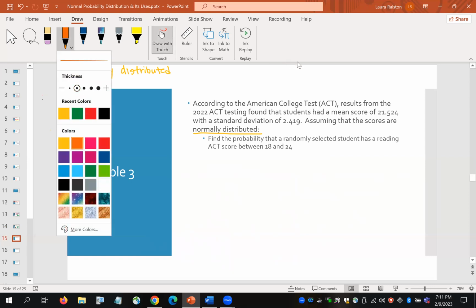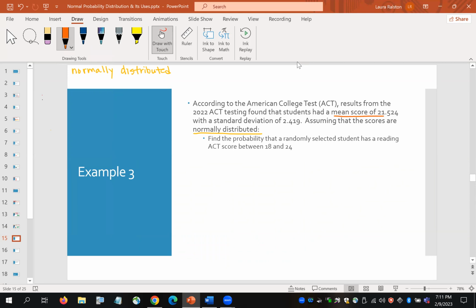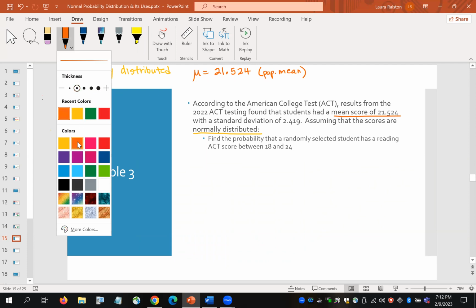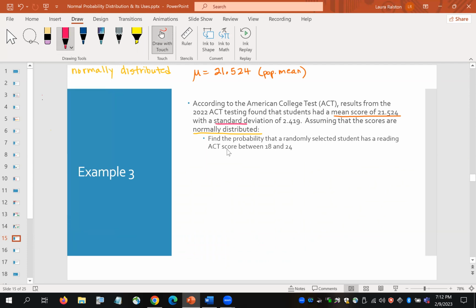The mean is 21.524. The standard deviation is 2.419.